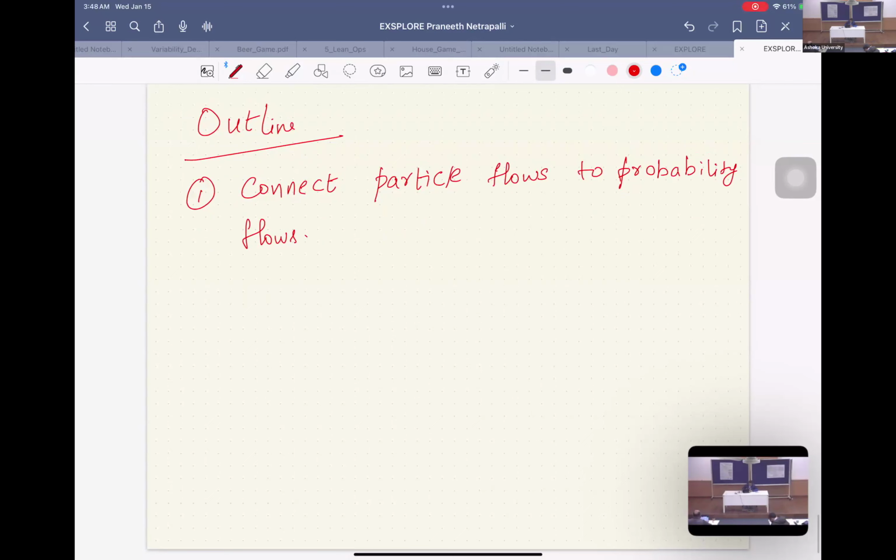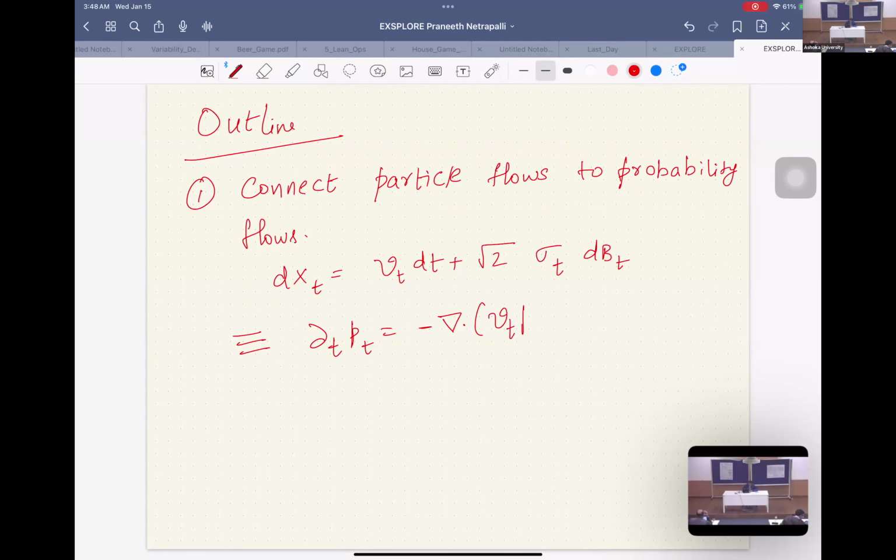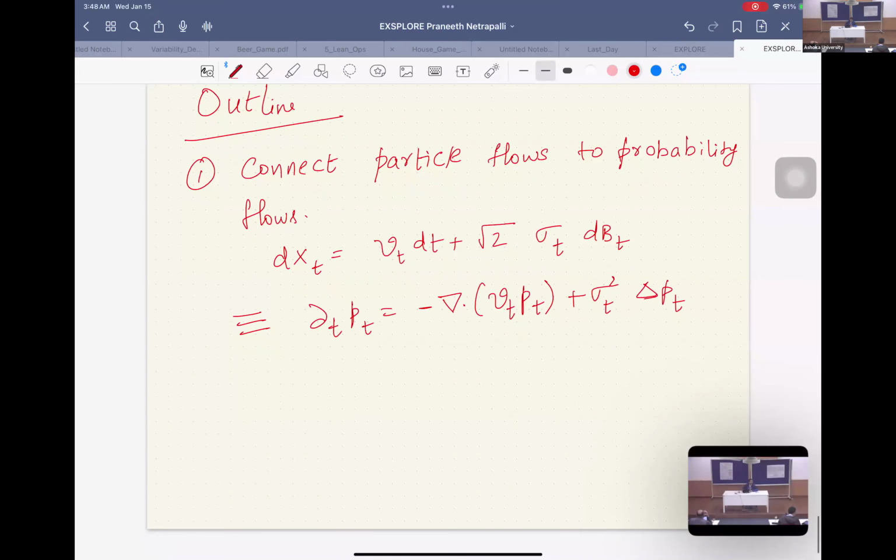In particular, what this means is that dXt equal to vt dt plus square root 2 sigma t dBt is equivalent to del t pt equal to minus grad dot vt pt plus sigma t squared delta pt. This was the main thing that we proved in the first lecture.